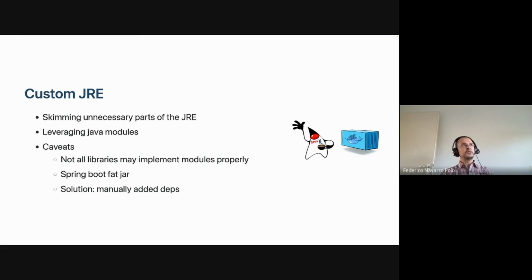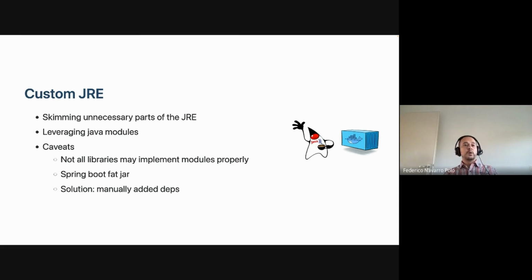So you can still use them, but you need to be careful. And if you build a custom JRE that doesn't include everything needed by those libraries, you will end up with a class not found exception when running your application.